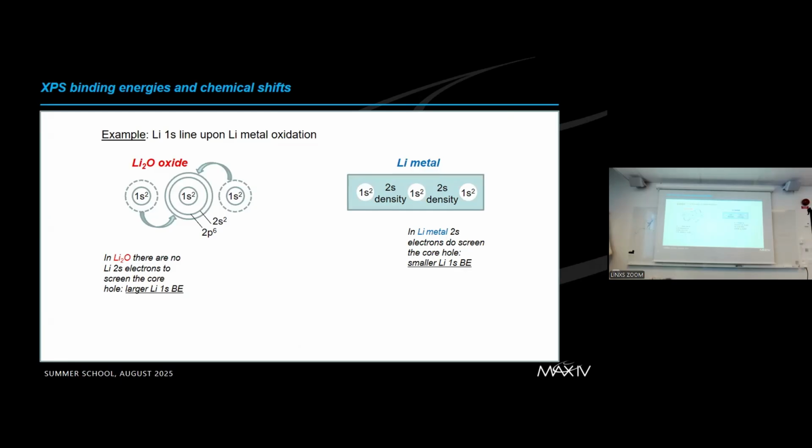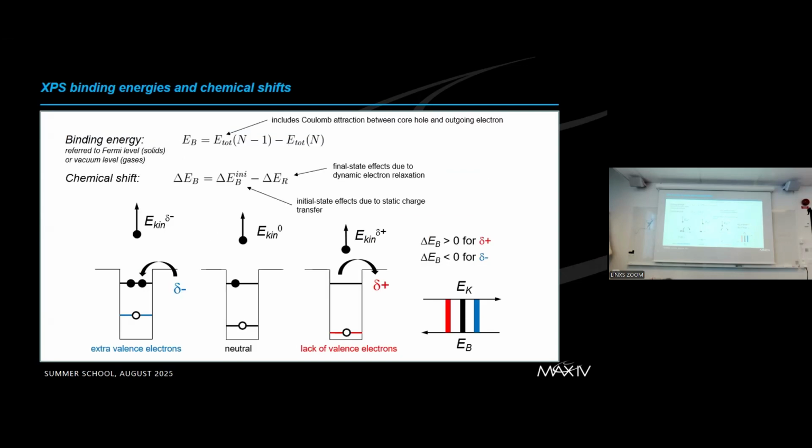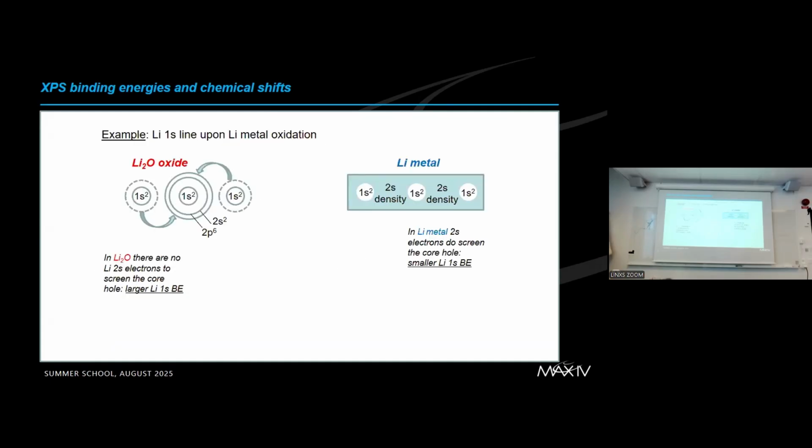This is the simplest possible example, lithium metal, a very simple metal. And if we compare the metal and a lithium oxide, what is the difference? In lithium metal, 2s electrons can screen the core hole, and this results in smaller binding energy for the lithium metal.